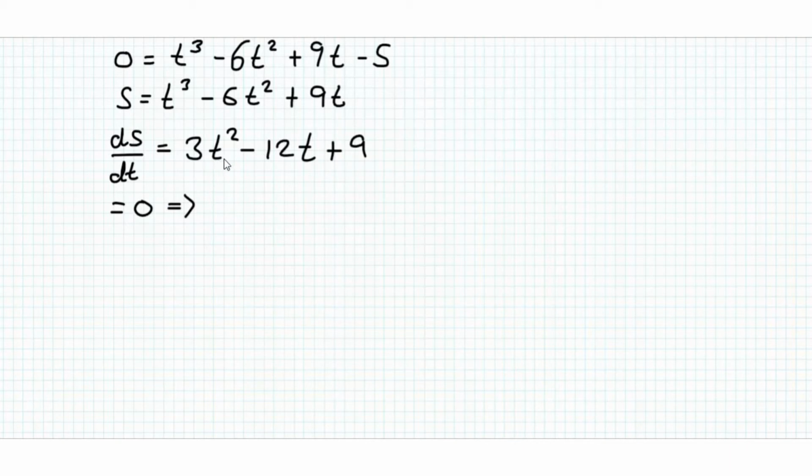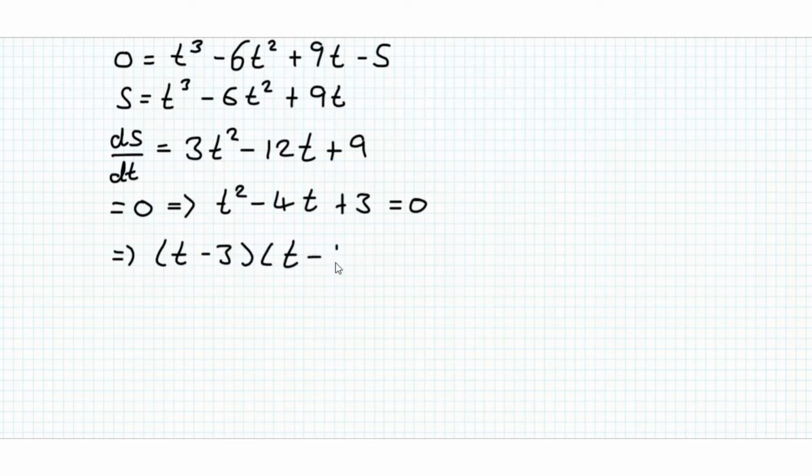We can divide by 3, which gives us t squared minus 4t plus 3 is equal to 0, which is a little bit easier to solve. And then factorising this, you get t minus 3, t minus 1 is equal to 0, so t equals 3 or t equals 1 are our t coordinates.